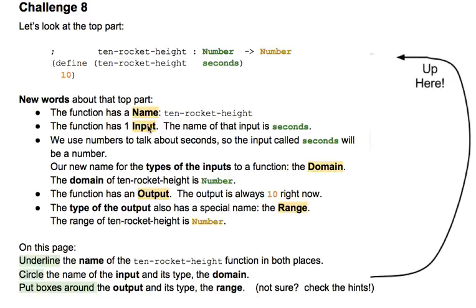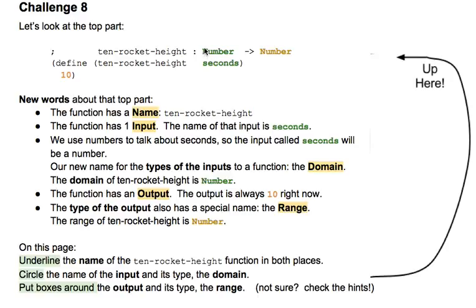The function has one input. The name of the input is seconds right here. So inside the body of 10 rocket height, seconds will mean whatever you called 10 rocket height with. So it's a new name, just like 10 rocket height is a new name. We use numbers to talk about seconds. So the input called seconds will be a number, right?